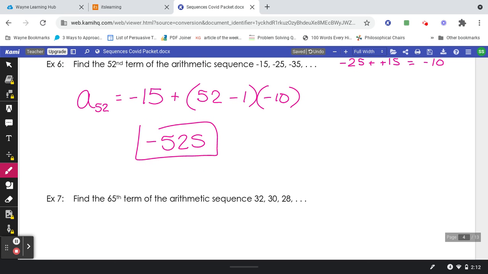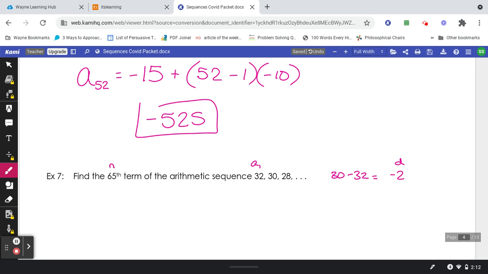And the last one, example number 7, n, a sub 1. 30 minus 32 is negative 2. That's my common difference. It looks like I'm subtracting 2 every time. The 65th term is 32 plus 65 minus 1 multiplied by negative 2.